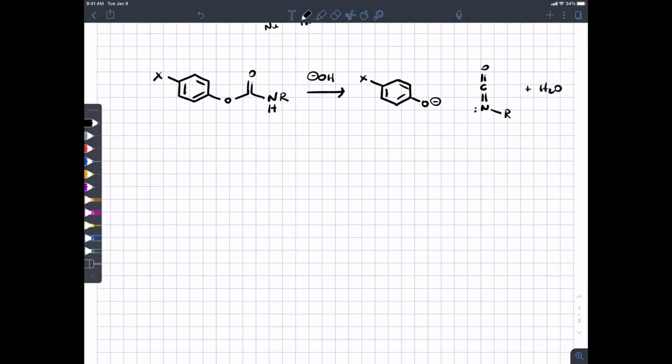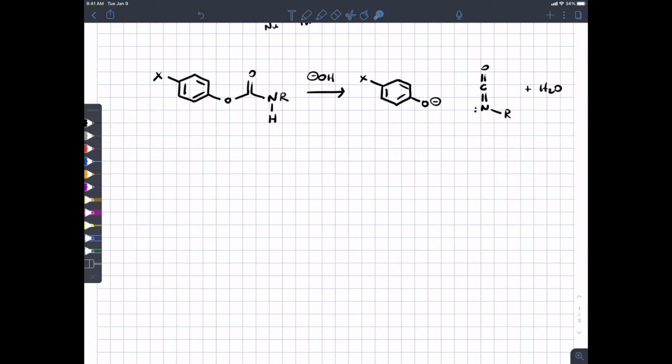Then the reaction proceeds on in other steps that aren't that important to us. And the mechanism for this reaction, at least when you have a hydrogen there, is not what you would think.